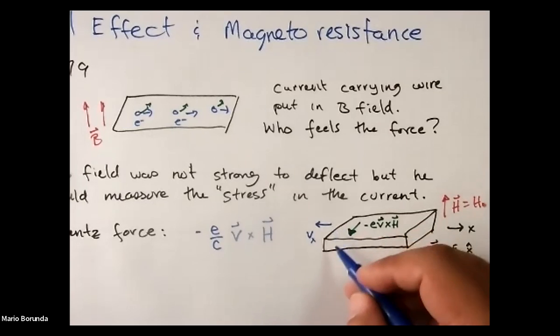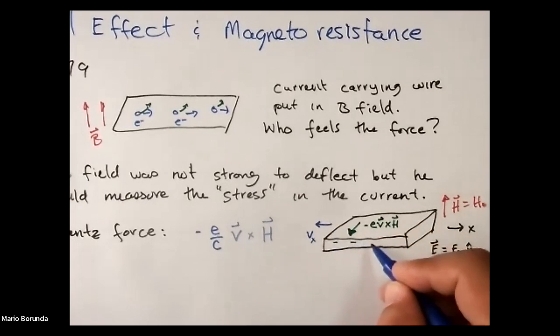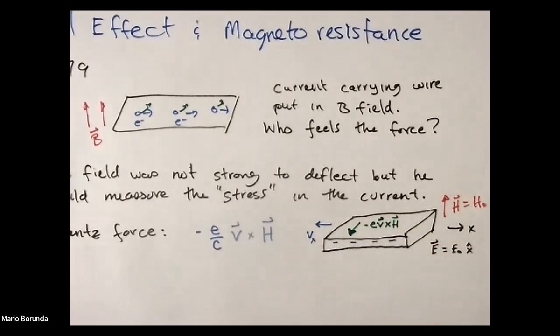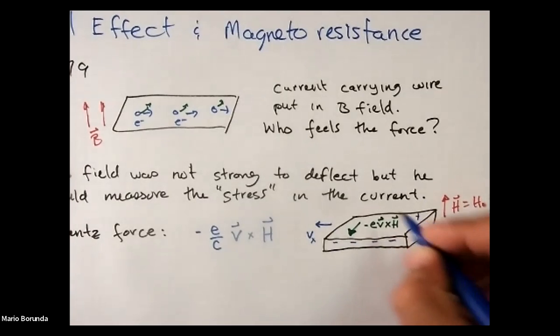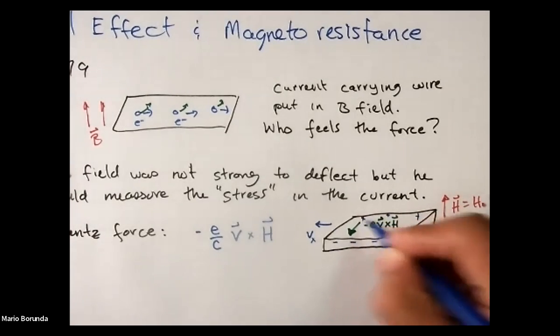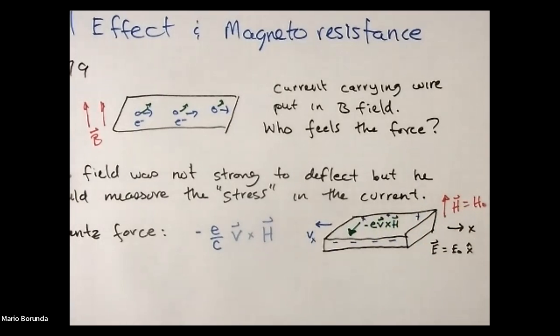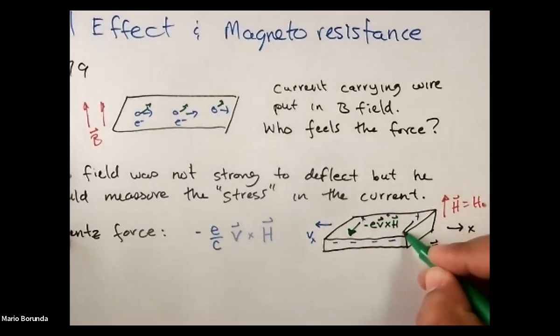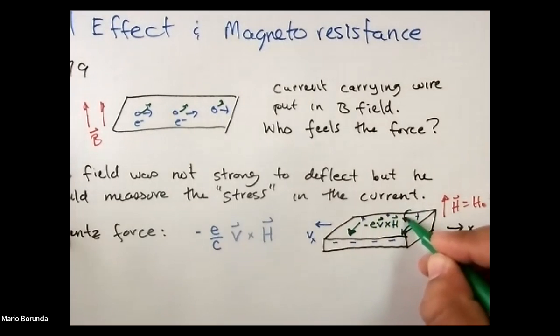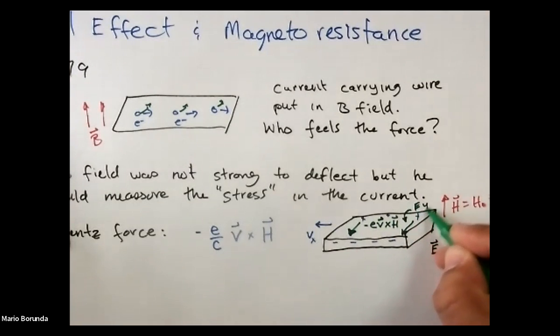So now you end up with negative charges here on this end of your wire. And then there's a positive over here because there's less charge on this side, right? So that means that because of these two forces, because of this charge difference, you also have this electric field in the y direction.